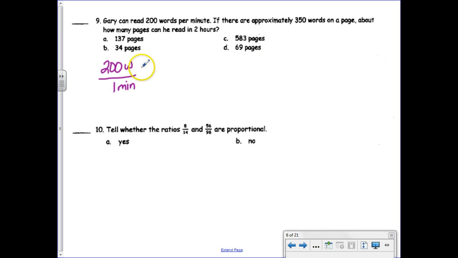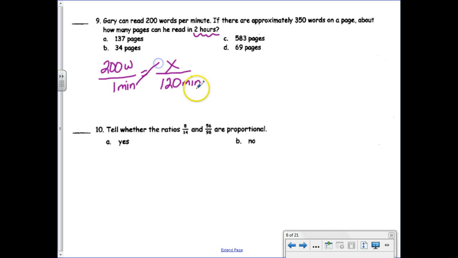And here's one way you can approach it. If I'm doing words in minutes, you could say, well, how many words could he read in 2 hours worth? And I know that each hour is 60 minutes, so I could do this part first. I could figure out how many total words is that, and then divide by 350, because that's how many pages I'll have.